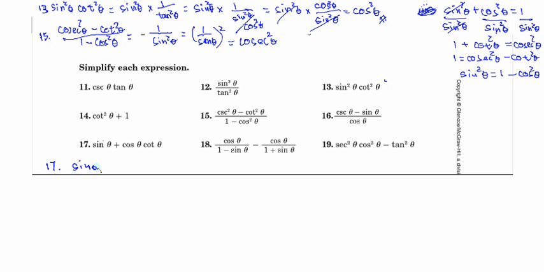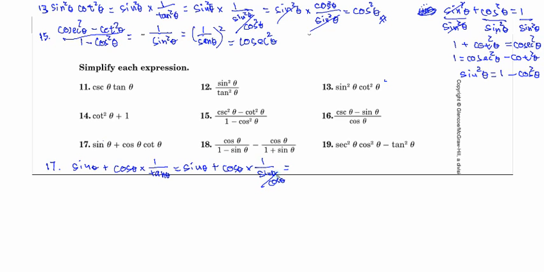Okay, now let's try this 17. Sine theta plus cosine theta. Remember, I said there's no square term, so most likely you have to break down all the tangent or cotangent into sine and cosine. So this is 1 times tangent theta, and this is equal to sine theta plus cosine theta times 1 over sine theta over cosine theta.